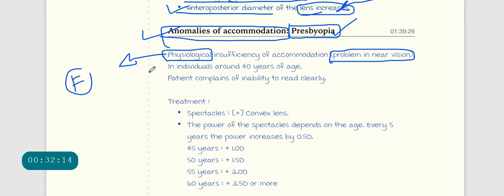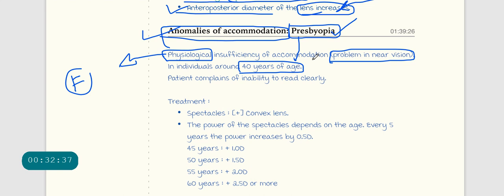This is a physiological insufficiency of accommodation, a near vision accommodation problem. The patient commonly complains of inability to read clearly, because it is a near vision problem.